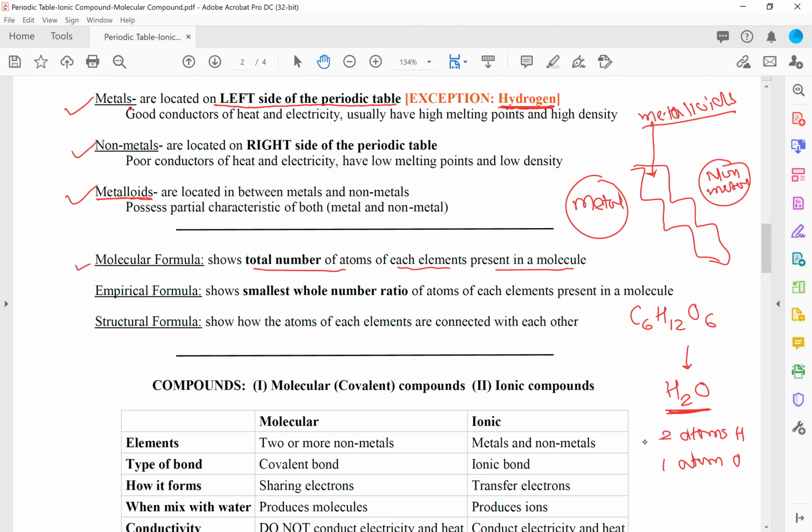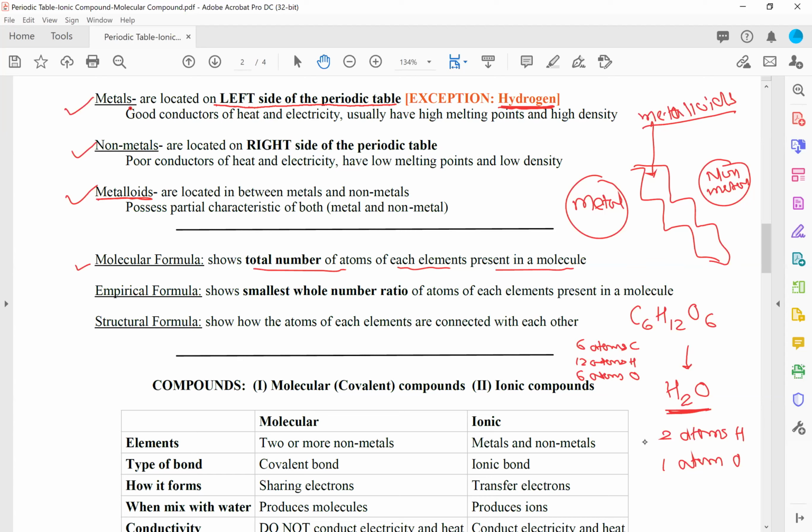It means it has 6 atoms of carbon, 12 atoms of hydrogen, and 6 atoms of oxygen. When all of these atoms, 6 of carbon, 12 of hydrogen, and 6 of oxygen, come together, they form a sugar. And this is the chemical formula, or we can say the molecular formula, for sugar.